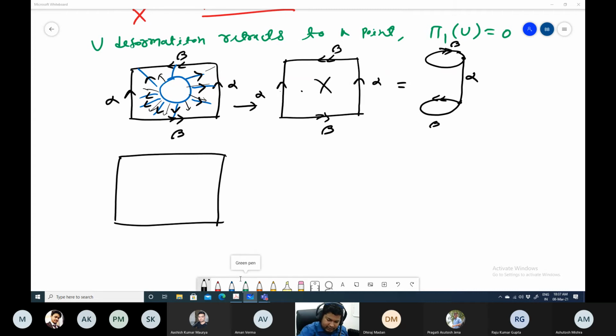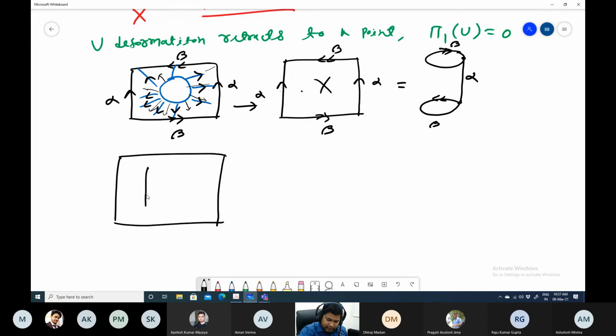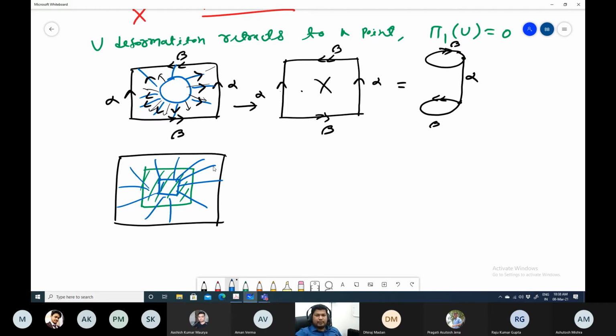You can take your U as this one, and take this as your V. Now can you deformation retract? You can make a deformation retract of this blue region to this portion.